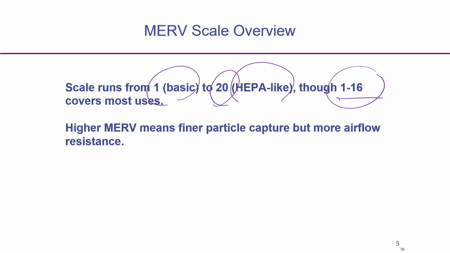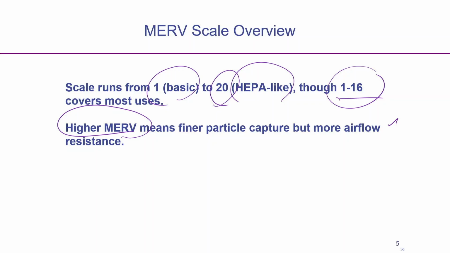Higher MERV means finer particle capturing capacity and more airflow resistance, because the pore size will be smaller and airflow resistance will be high. A filter with a higher MERV rating can be used where the airflow rate is very low, like in a clean room.